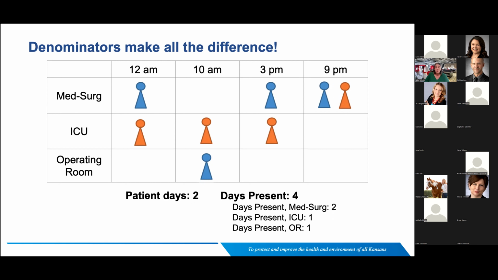So again, focusing on the movement of the patient: our blue patient is contributing 1 day to medical surgical and 1 day to the operating room, whereas the orange patient is contributing 1 day present to the ICU and 1 to the medical surgical unit, because they were transferred and received an antimicrobial on that unit during that calendar day.